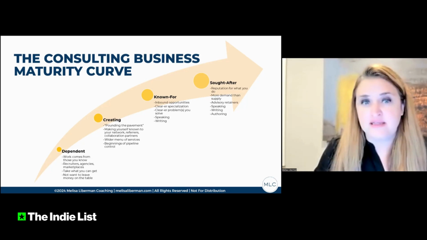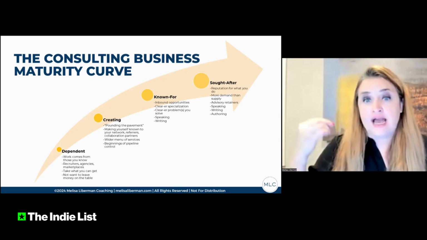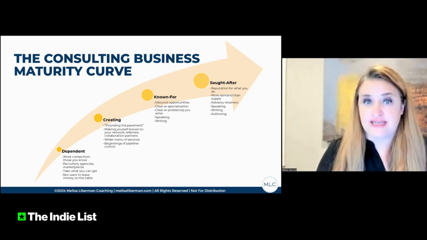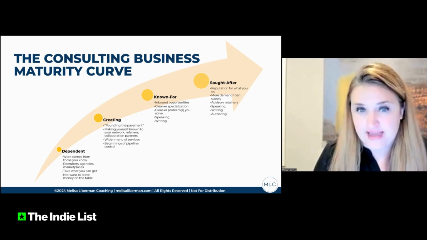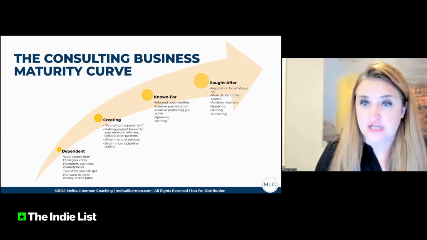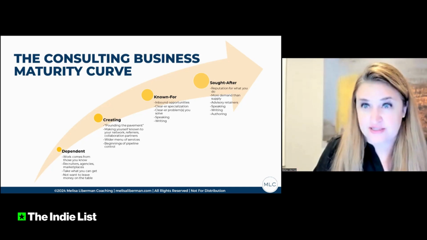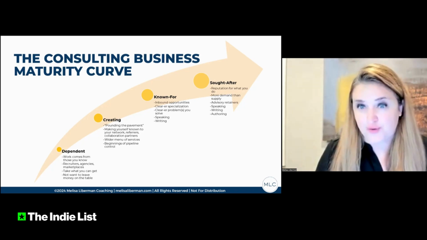And then ultimately that evolves into being known for what you do, having that clear specialization, having that clear problem that you solve, showing up as a thought leader for that particular type of role. You start building inbound opportunities in that way, and then ultimately being sought after for what you do.